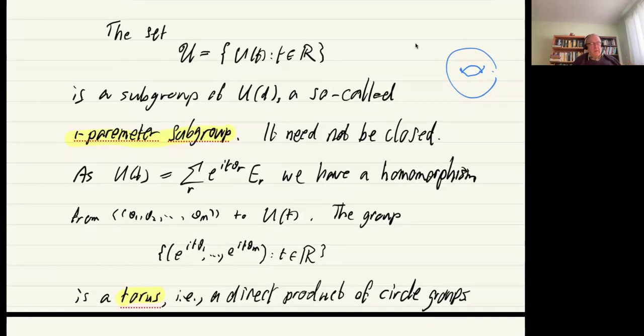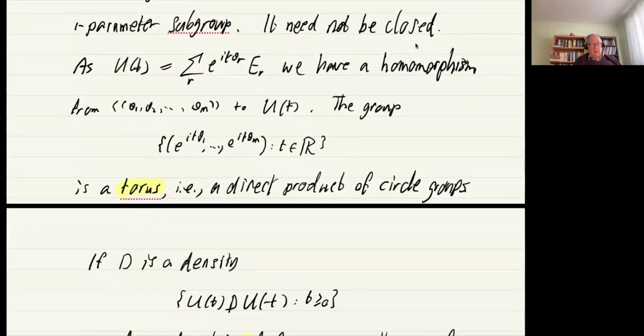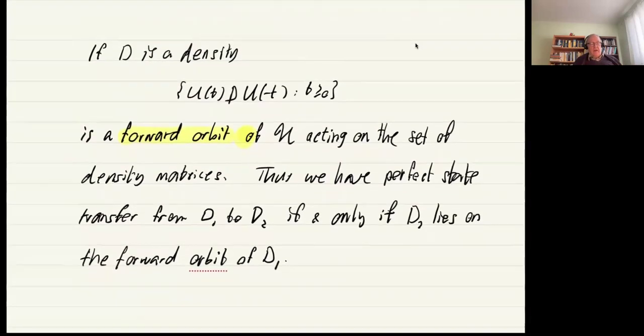The point I'm trying to make here is that U(t) is a homomorphic image of a product of circle groups. Continuing with this, I was saying U(t) is a group, and groups tend to act on things.